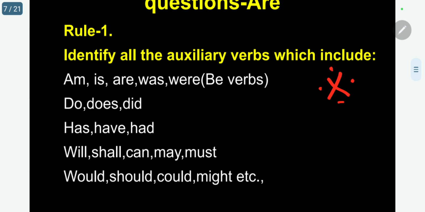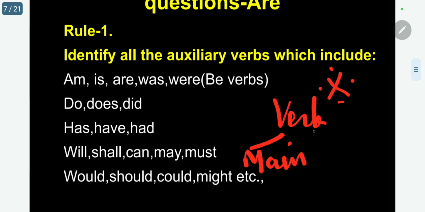So here, one way of classifying verbs is main verb and auxiliary verb. What is a main verb? What is an auxiliary verb? How to identify? Very, very simple.